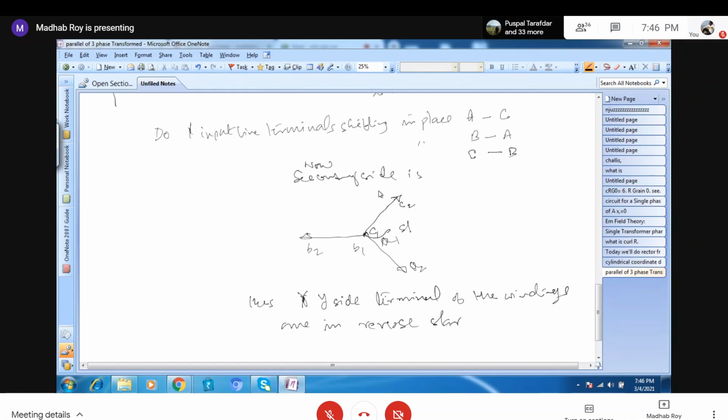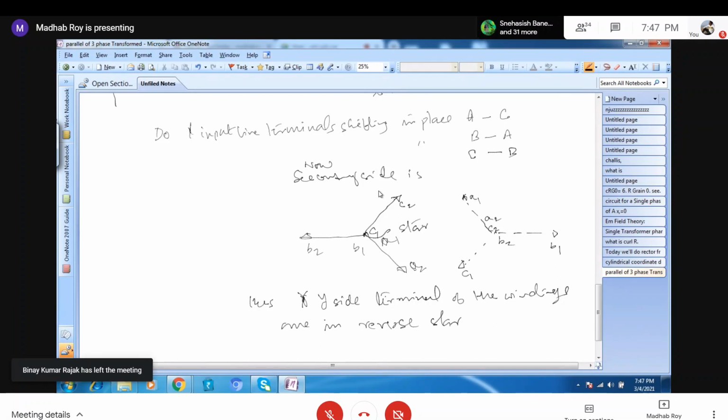Okay. Now what is the reverse star? Reverse star will be like this. So this will be the C1. This side will be C2. Can we write it? This will be the B2. This will be the B1. And this will be the A2. This will be the A1.